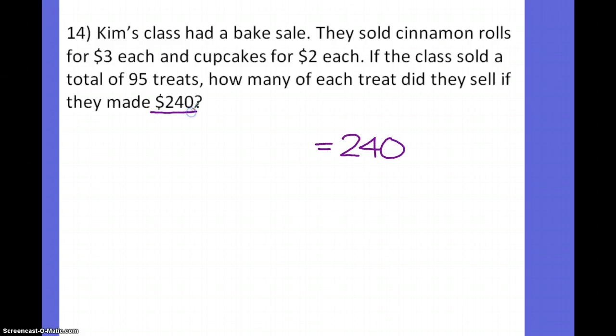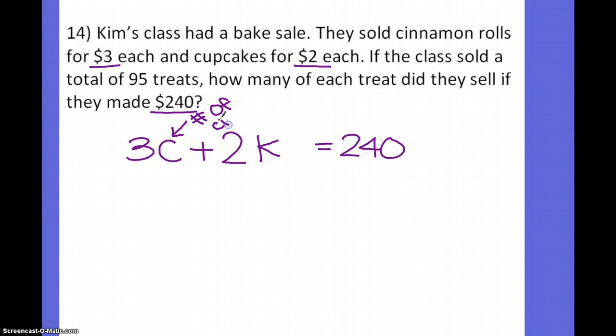So we got money, money, money. $3 each for the cinnamon rolls. I'm going to use C for cinnamon rolls. And then $2 each for cupcakes. I'm going to use K for cupcakes. So what the C represents, it's the number of cinnamon rolls sold.